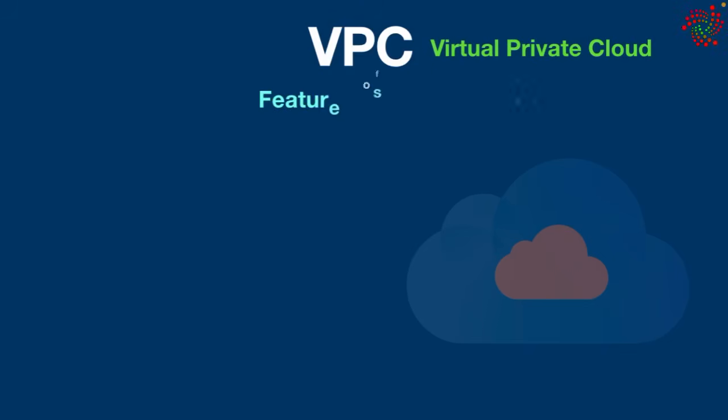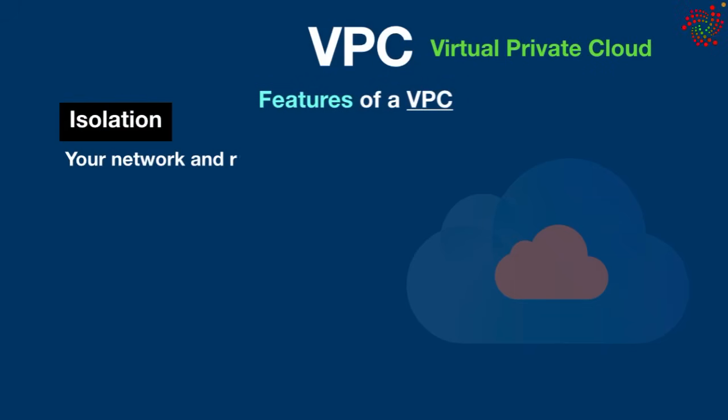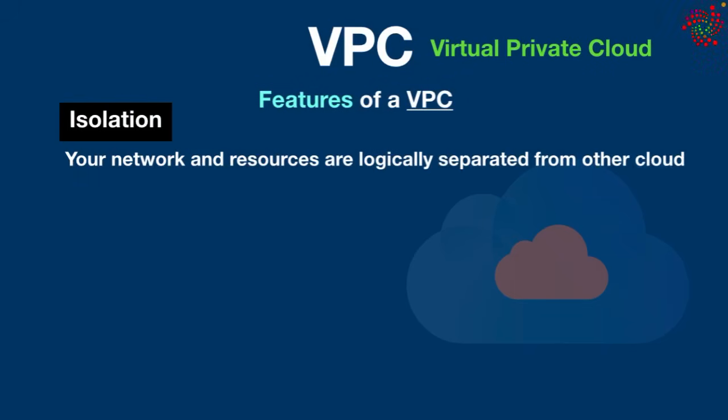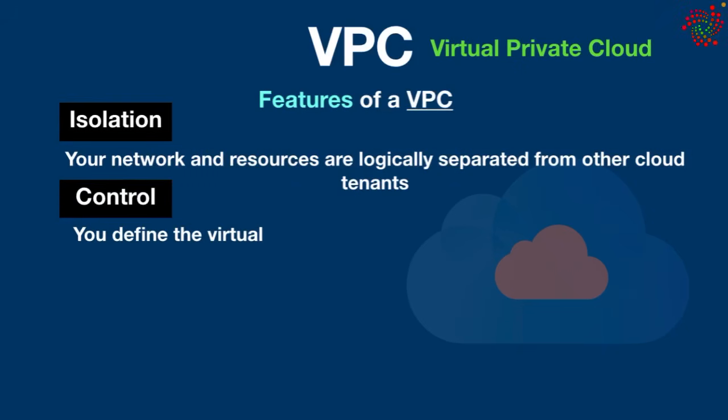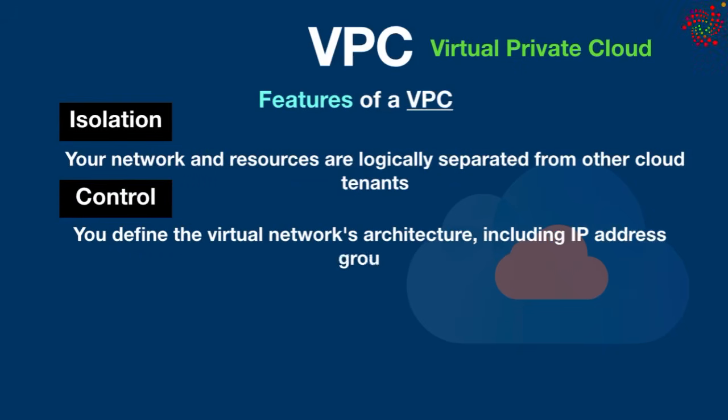Okay, now here are some key features of a VPC. Isolation: your network and resources are logically separated from other cloud tenants, even though they run on shared physical hardware. Control: you define the virtual network's architecture, including IP address groups, subnets, gateways, and firewall rules.